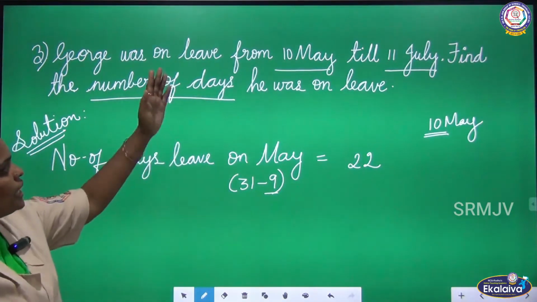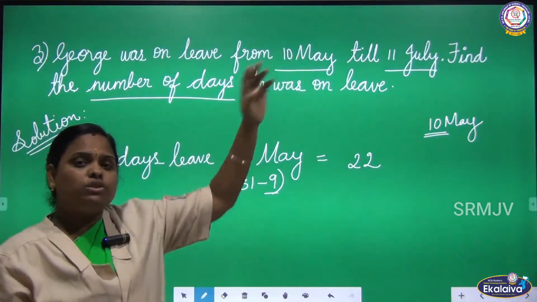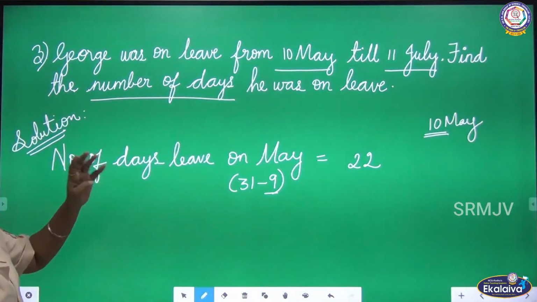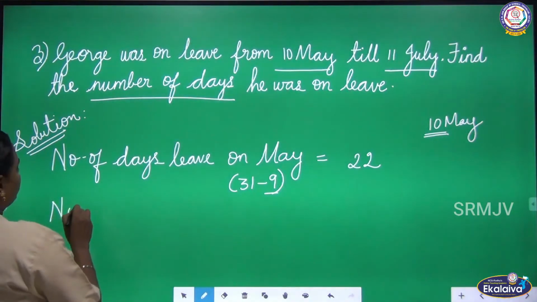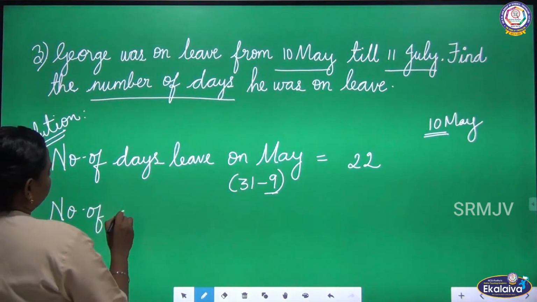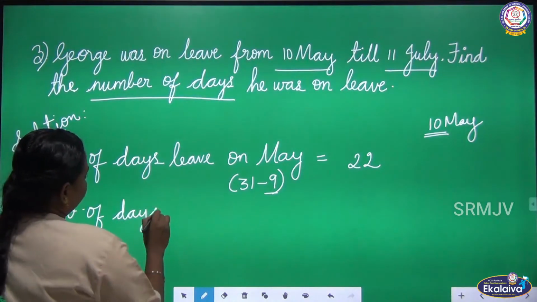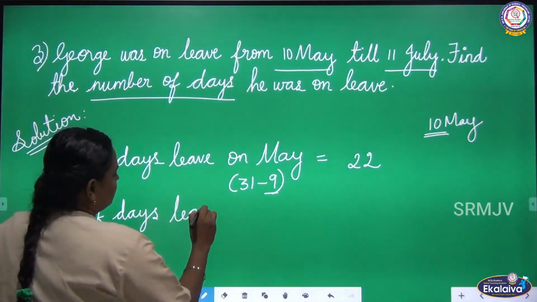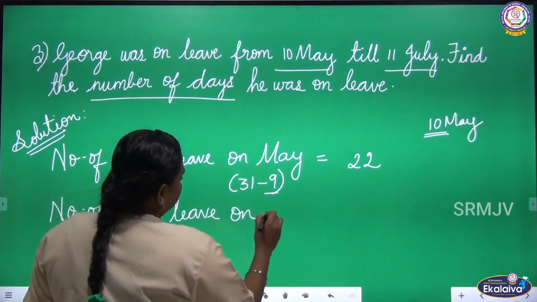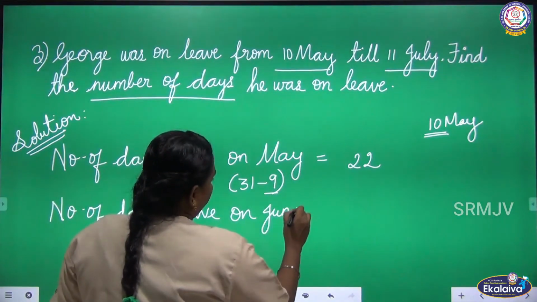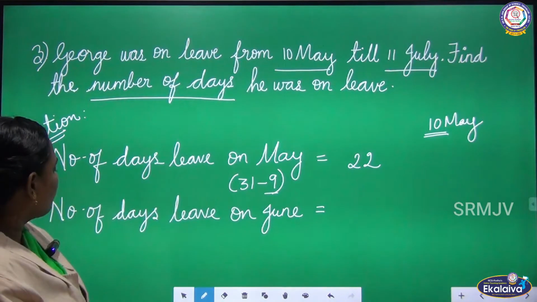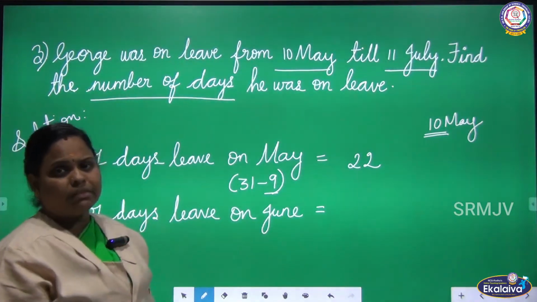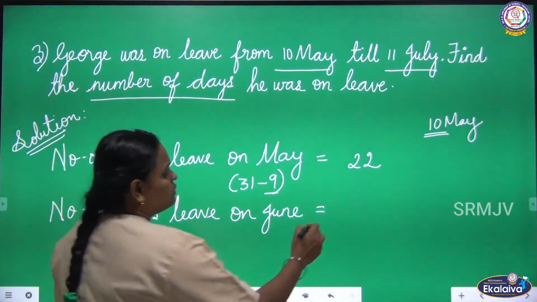Next, 10 May till 11 July. In between, one more month is there. June month also he took leave. So you can write number of days leave on June equal to how many days in June month? In June month, 30 days.